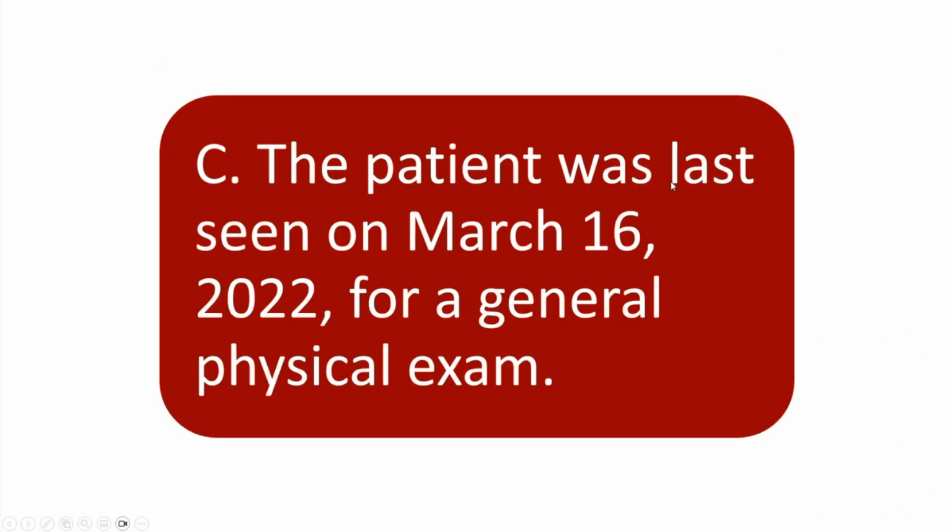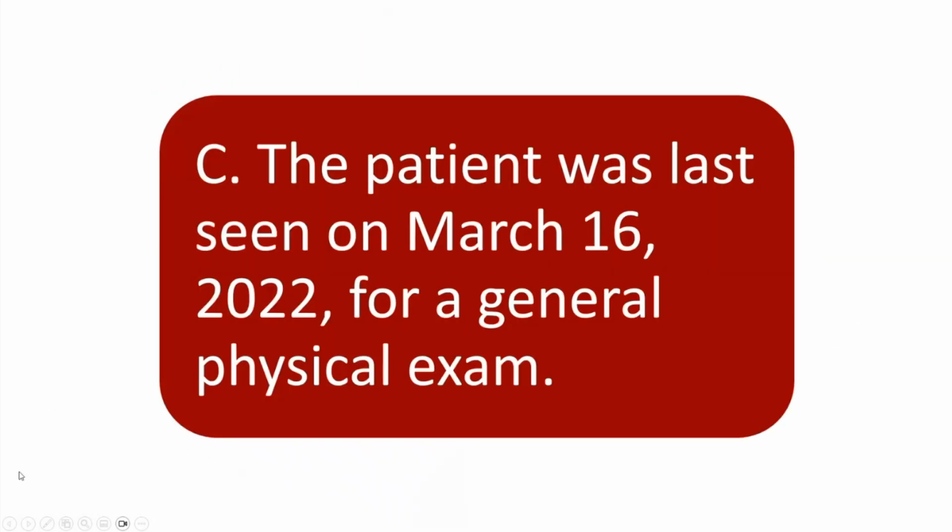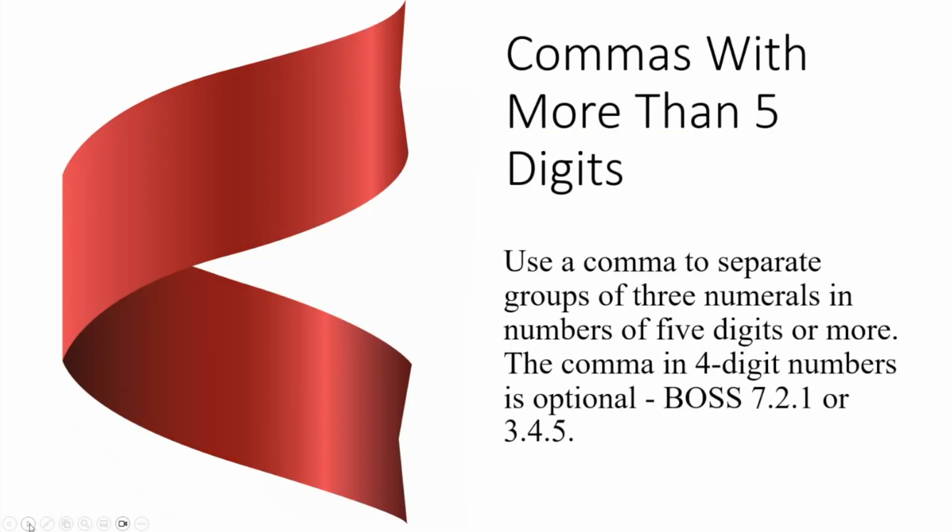The patient was last seen on March 16, comma, this comma here is to follow the first part of that rule that we went over. 2022, comma, there's the full date with the year in the middle of a sentence, so we need to add a comma, for a general physical exam. Whoops, sorry about that. Okay, let's take a look at our next one.